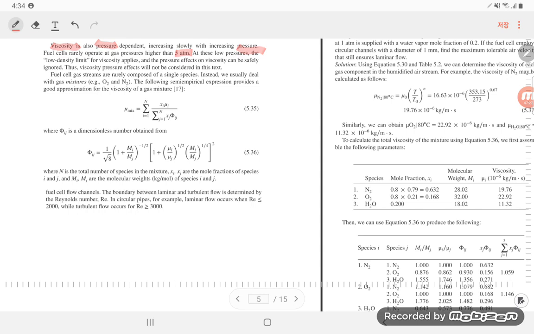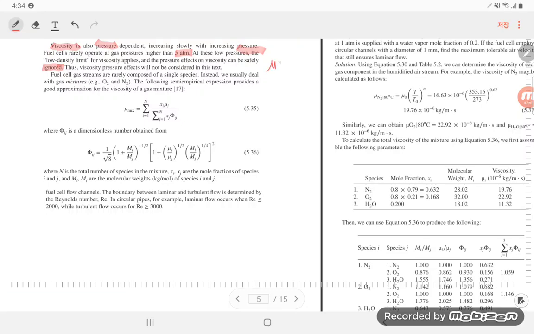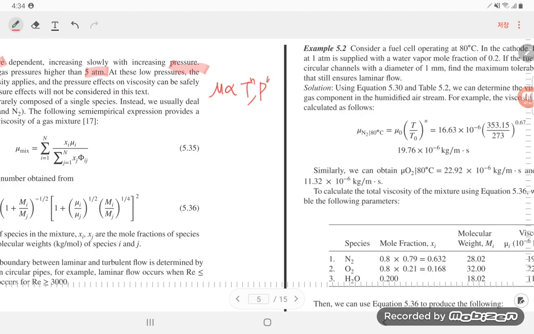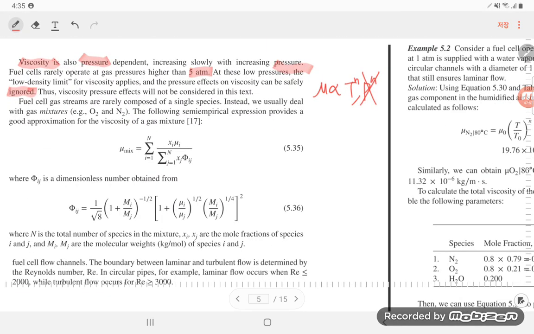So the pressure effects on viscosity can be safely ignored. Thus, viscosity pressure effect will not be considered in this textbook. The viscosity is proportional to T and P, but we will ignore this pressure effect.